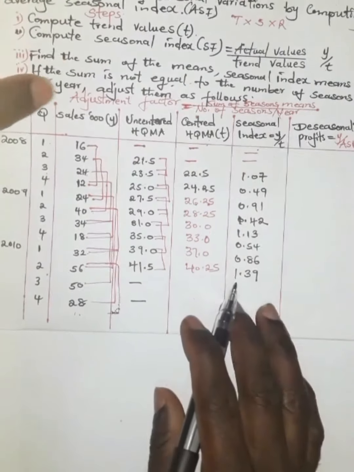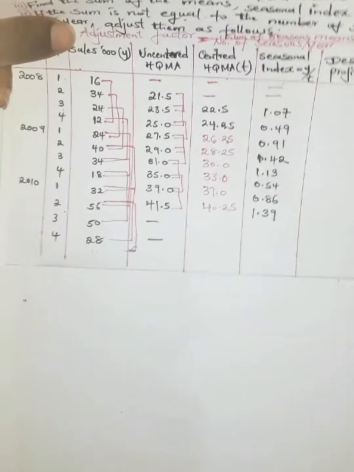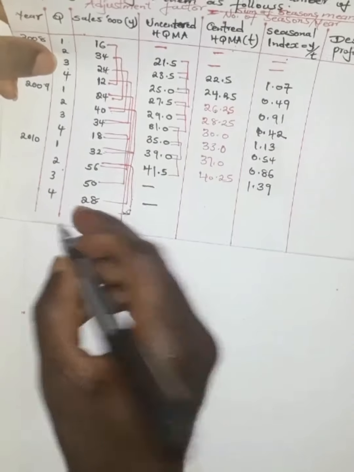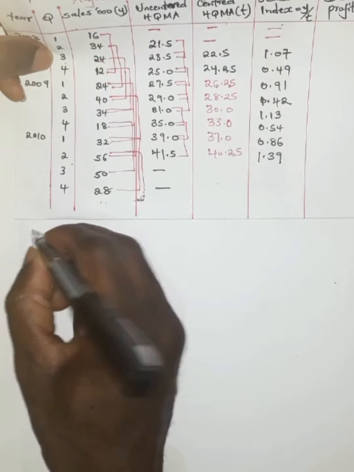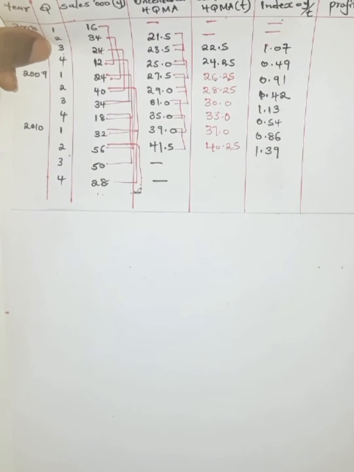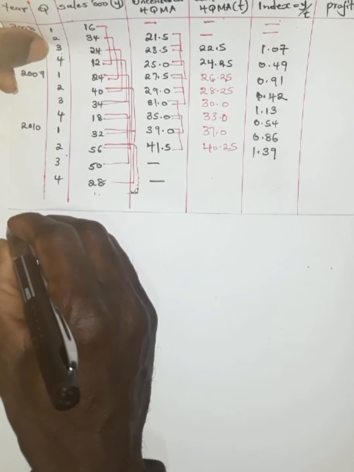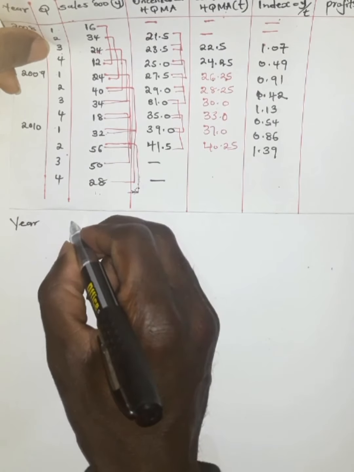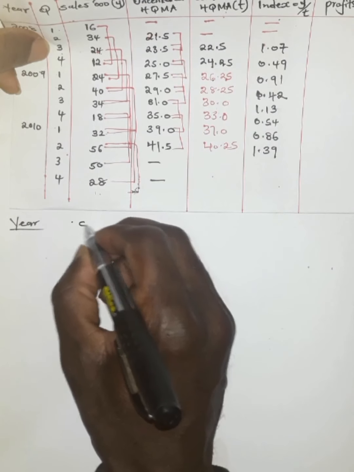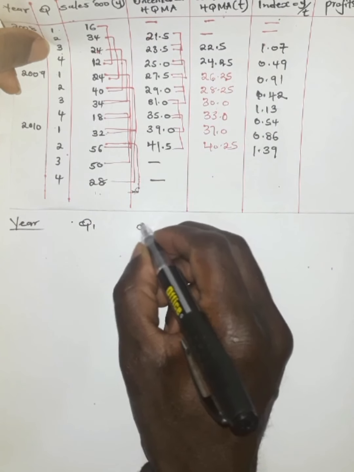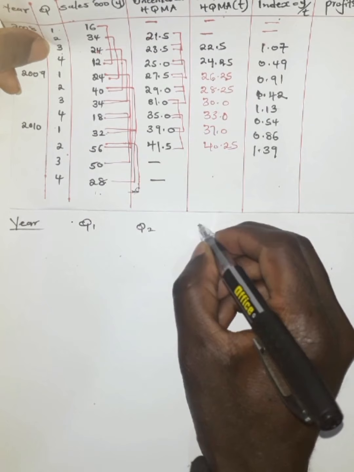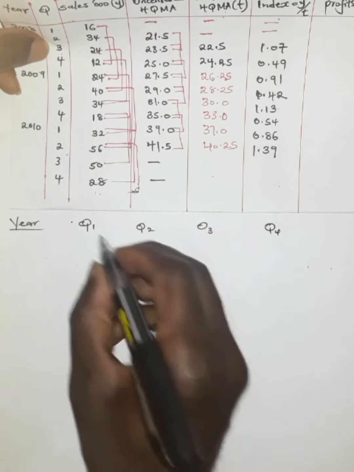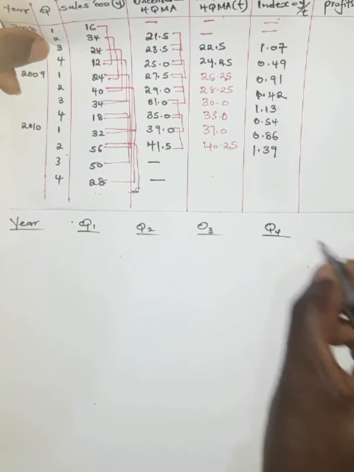We simply have this particular working. Of course, we shall have the year, and under the year we shall have the quarters, quarter 1, quarter 2, quarter 3, of course quarter 4 for each and every year.